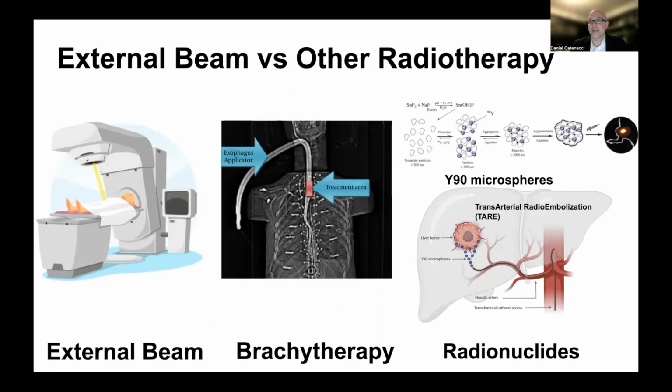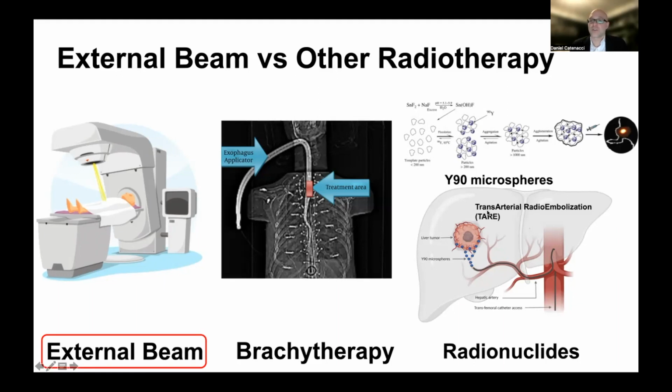And then finally, an example of radionuclides where those radioisotopes are used is in something called TheraSpheres or Y90 microspheres. And what is going on here is these little beads, these little particles, are labeled with a radioisotope, in this case Y90, and then these radio-labeled microbeads are injected into an artery right in the vicinity of a cancer nodule, like, for example, in the liver here.